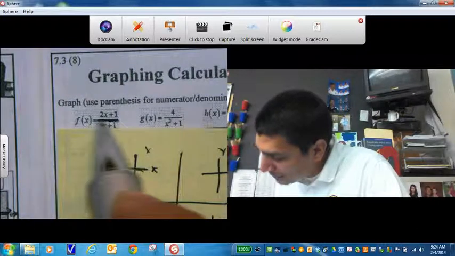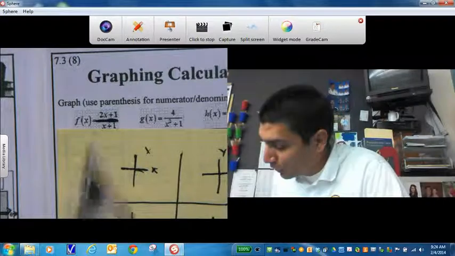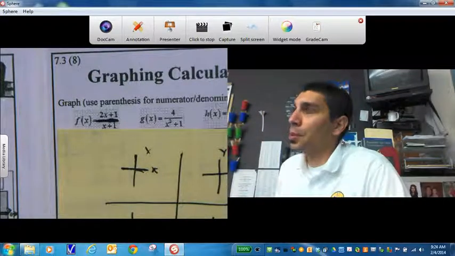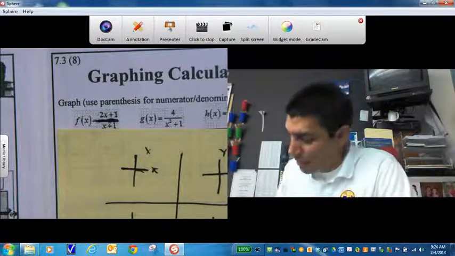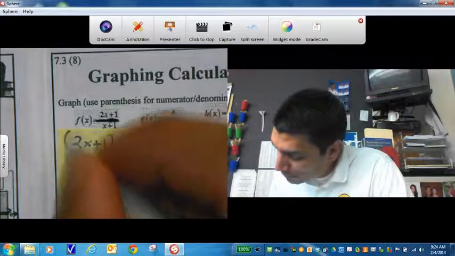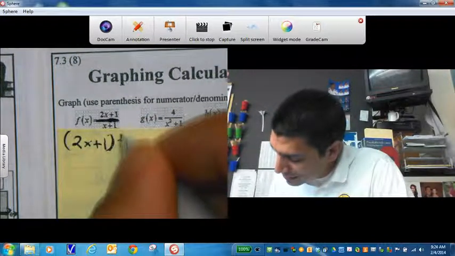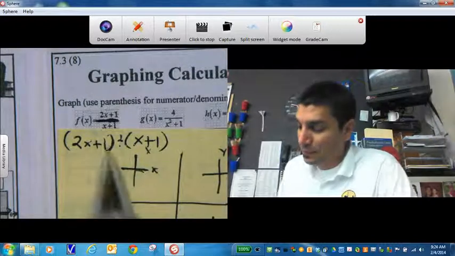This line means that the whole numerator is in a group and the whole denominator is in a group. So if I'm punching this f of x into a graphing calculator, I need to plug it in like this: 2x plus 1 in parentheses divided by the whole group of x plus 1. That's how I punch it in.